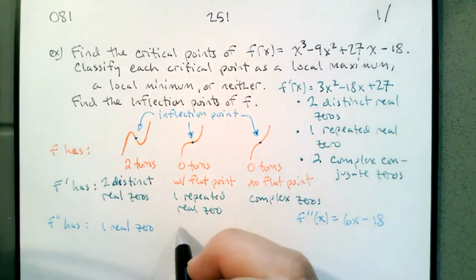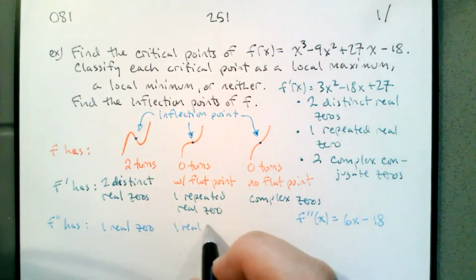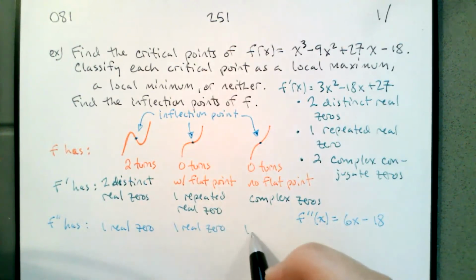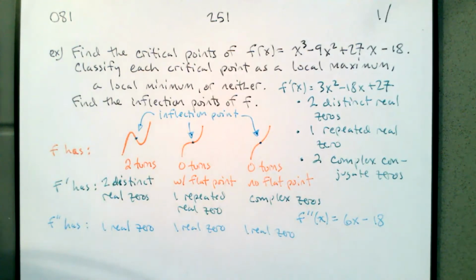In all cases, f double prime has one real zero, because f has to have an inflection point. At some point, the function has to change concavity. And based on the shape of the graph, we know it has to change from concave down to concave up.